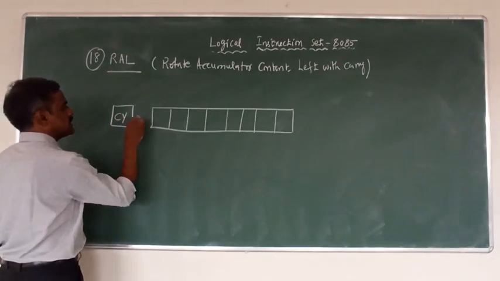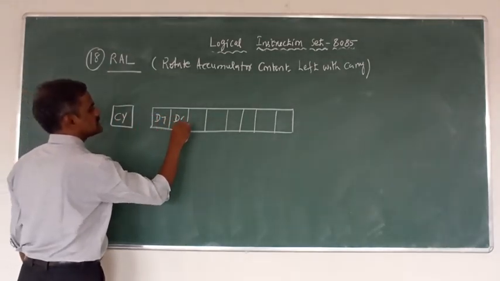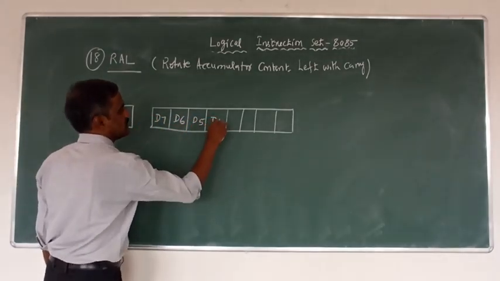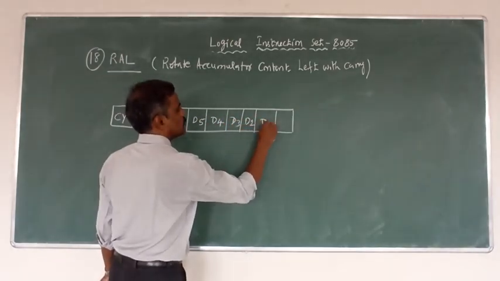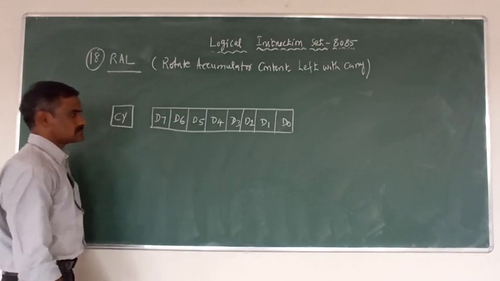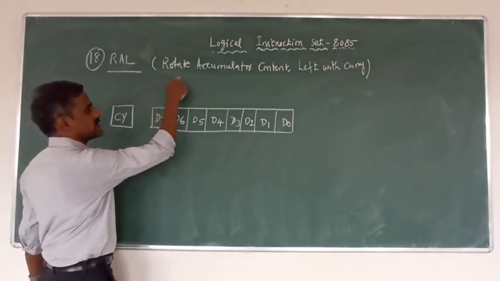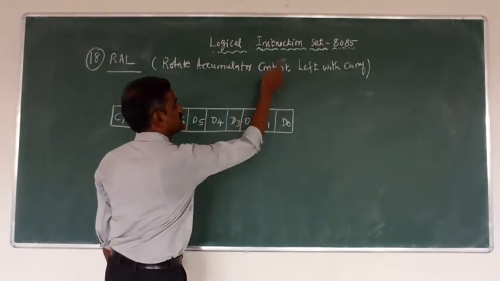This is for carry, D7, D6, D5, D4, D3, D2, D1, D0. Rotate accumulator content left with the carry.